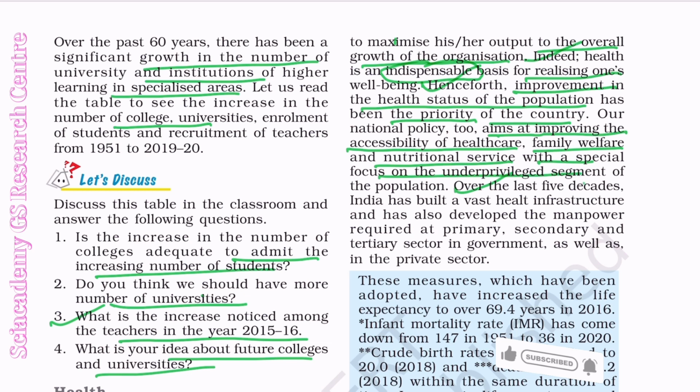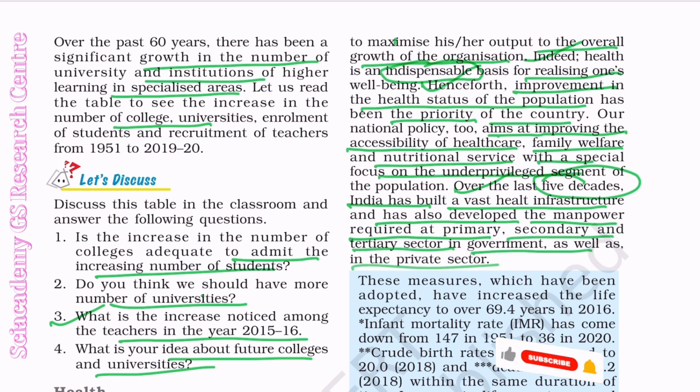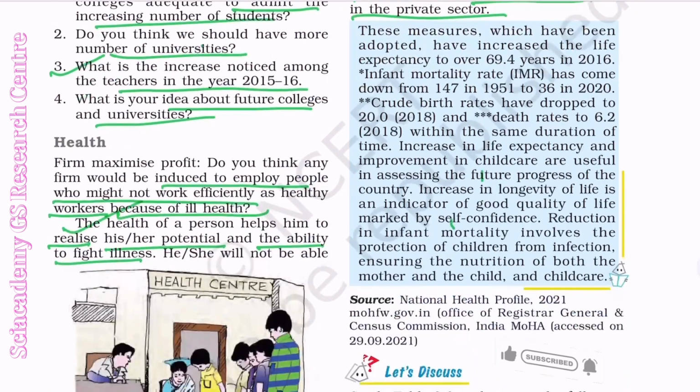Over the last 5 decades, India has built a vast health infrastructure and has also developed the manpower required at the primary, secondary, and tertiary levels in the government as well as in the private sector. These measures have increased life expectancy to over 69.4 years in 2016.